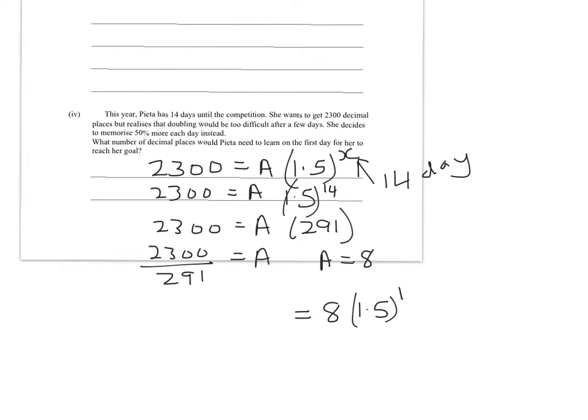I'm trying to find y, how many decimal places on the first day. So 1.5 times 8 is y equals 12. So she must learn 12 decimal places on the first day.